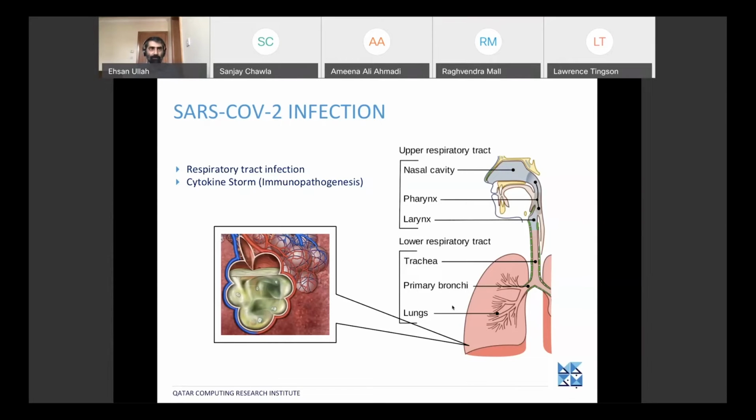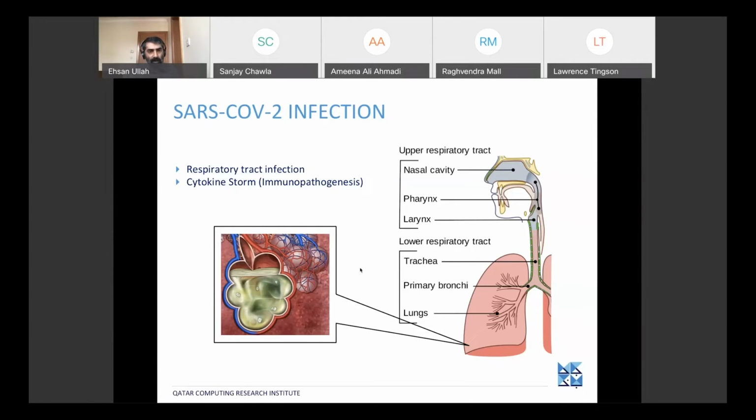the lower respiratory tract. Another important factor that contributes to the state of SARS coronavirus 2 patients is the immunopathogenesis. The immunopathogenesis is development of a disease as affected by the immune system. So it is the immune system of the patient which is actually activated, and because of that response, it releases inflammatory markers which initiate a positive feedback loop to form a condition called acute respiratory distress syndrome.